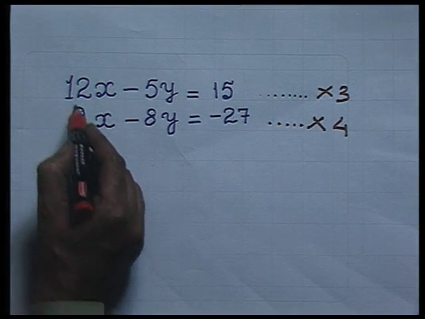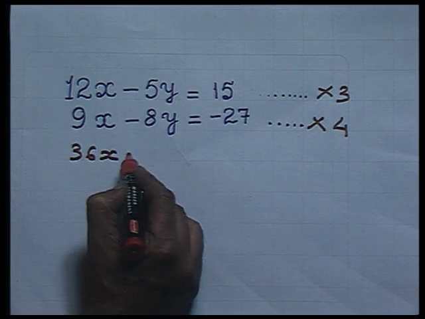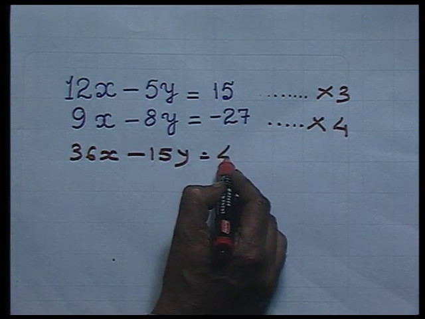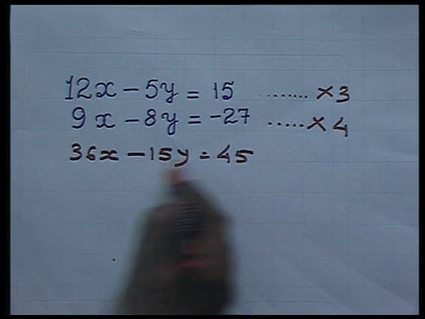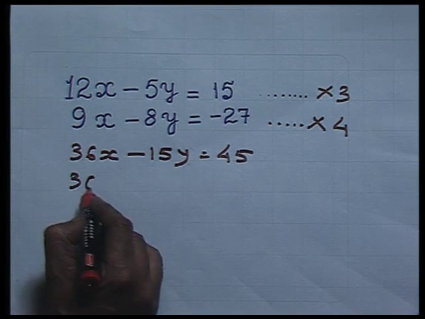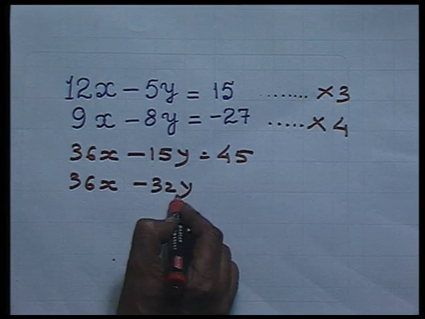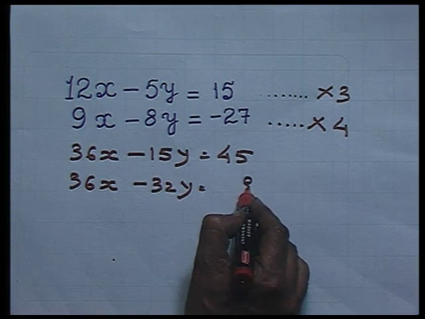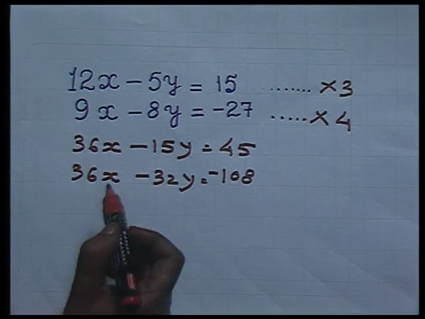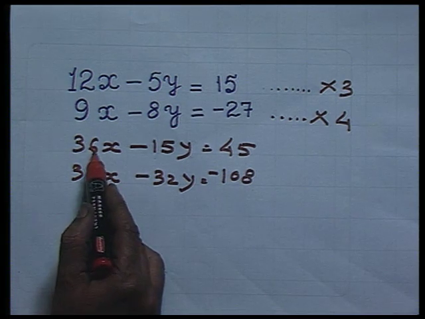On multiplying the first equation by 3, we get 36x minus 15y equals 45, and the second equation by 4 makes it 36x minus 32y equals minus 108.